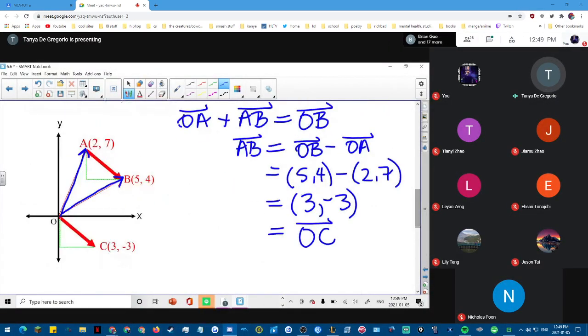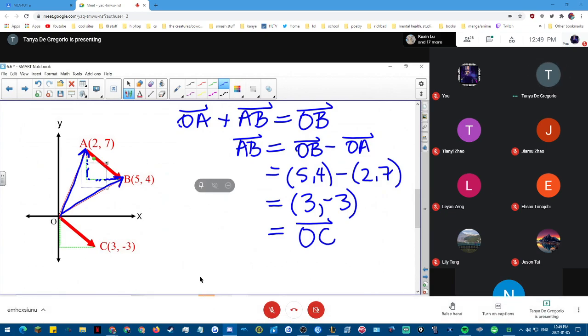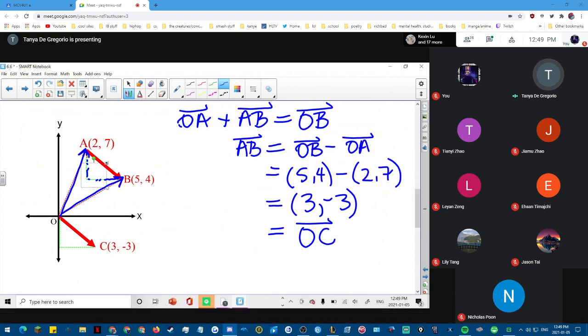Now, a simpler way to imagine this is, as I told you guys, here we have our rise and our run. If you find the rise and the run, it's always going to get you back to what the position was, right? It's going to give you that component form. That's essentially what we did here. So I did 5 take away 2, which is 3, and I did 4 take away 7, which is -3.